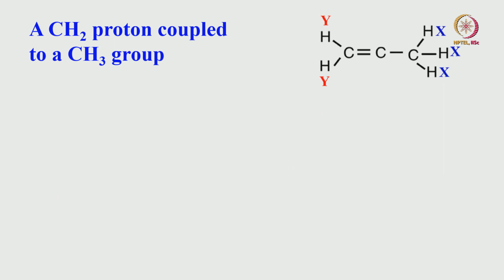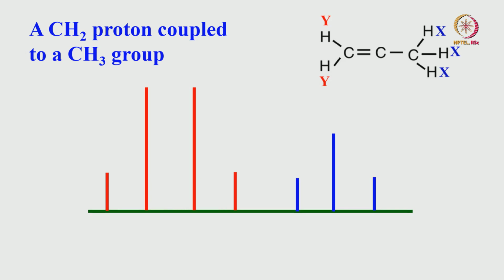We will go further. Consider a situation where we have a molecule like this, CH2 and CH3, 2 groups in a hypothetical molecule. You get a pattern like this. How? Very easy to understand. This CH2 will see 3 equivalent protons.